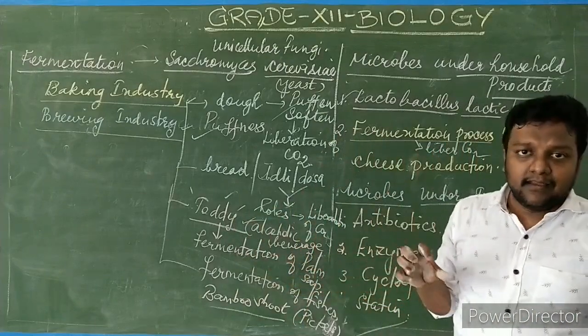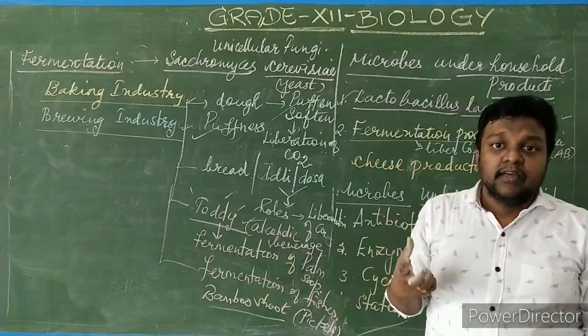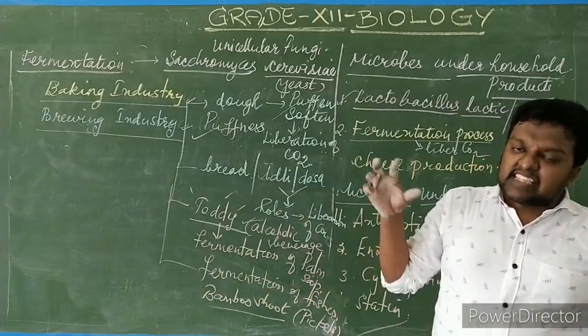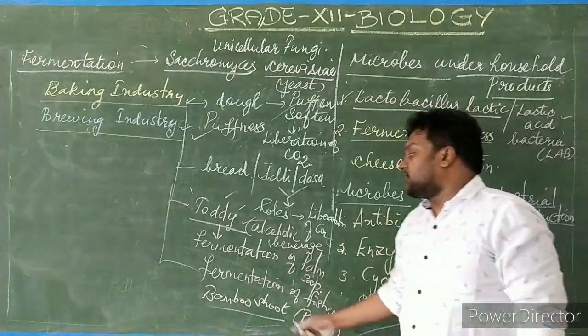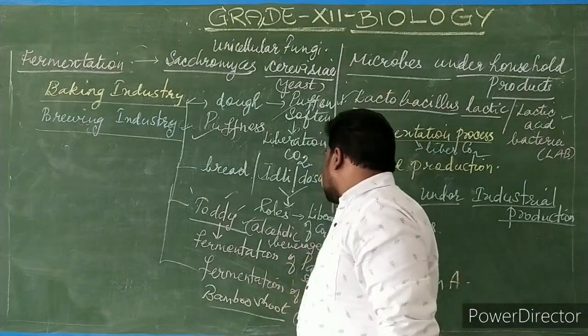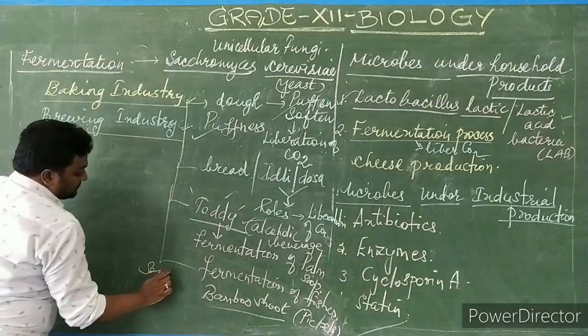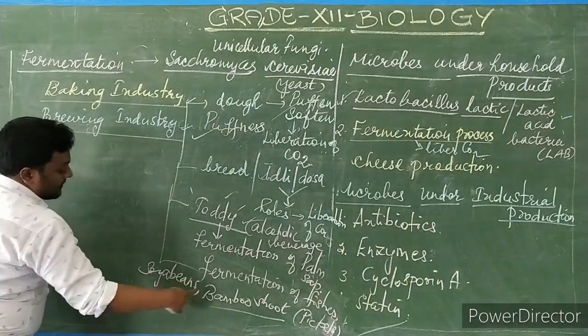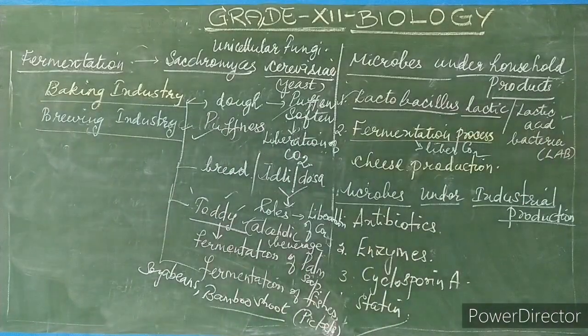Sap is a fluid, a kind of nutritive edible part present within the plant, and when fermented it gives rise to toddy. The other ones are fermentation of fishes, bamboo shoots and soya beans. Bamboo shoots are widely used for the preparation of pickles. This is also very important and you have to study it.